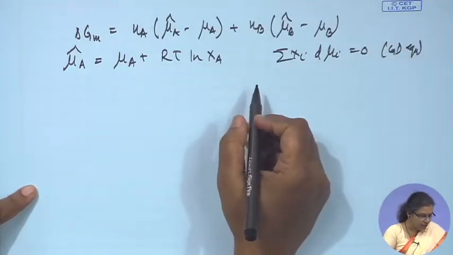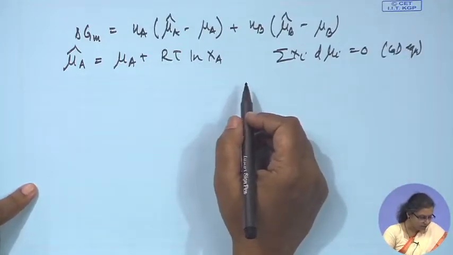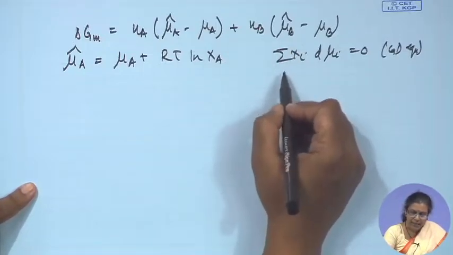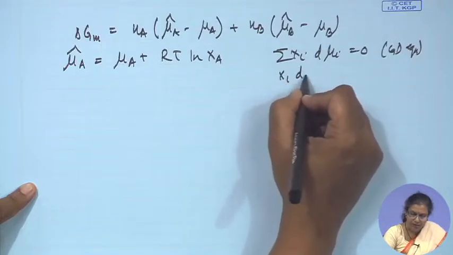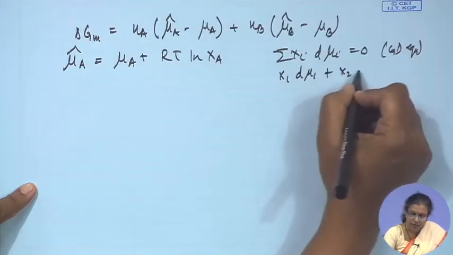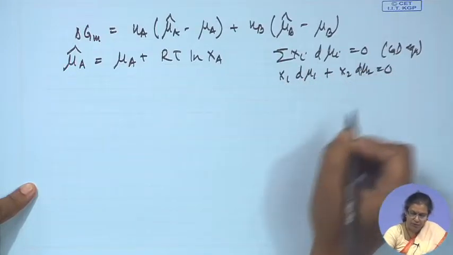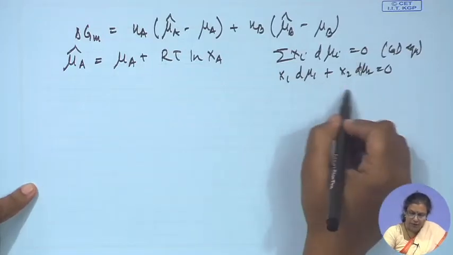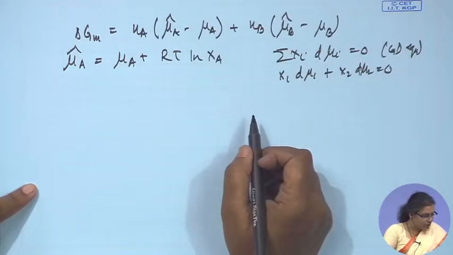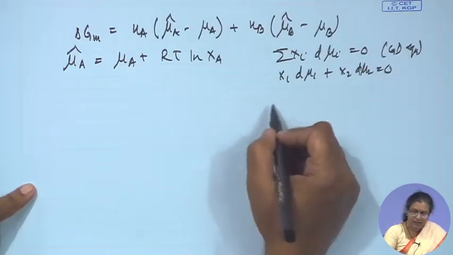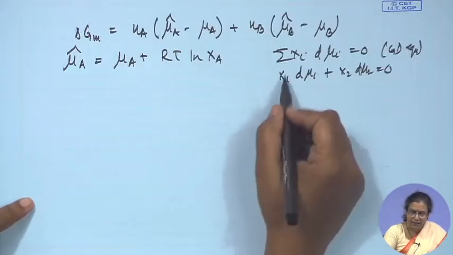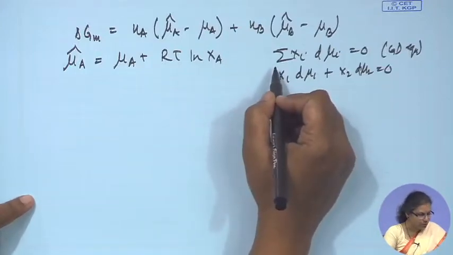So, in this particular case, suppose I would like to integrate it. In other words, this is x1 d mu 1 plus x2 d mu 2 equals 0. So, this comprises component 1, this comprises component 2. Now, suppose I integrate it from x1 equals 1, that is the pure component, to x1 equals x1.